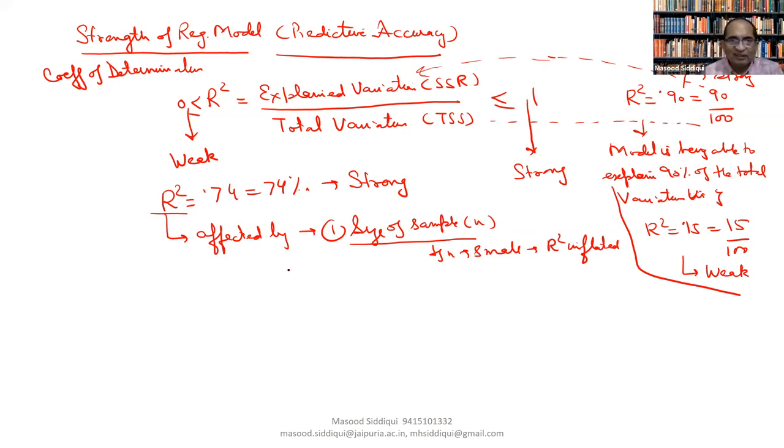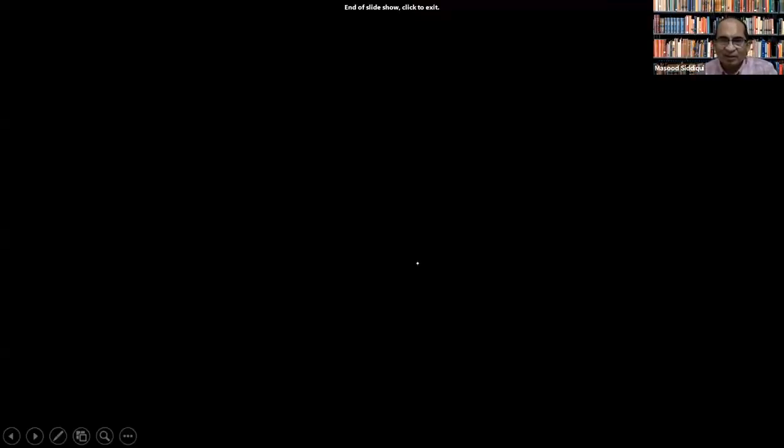So R square is affected by the size of the sample, plus R square is also affected by the number of independent variables, or number of predictors. They are denoted by K, right?